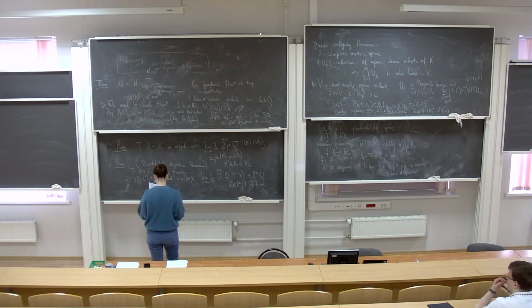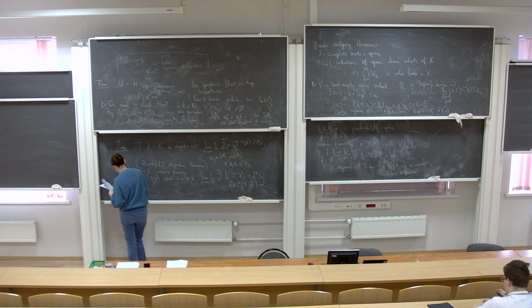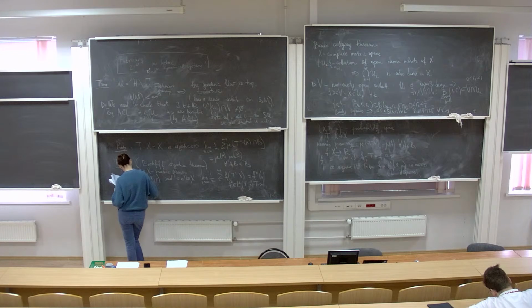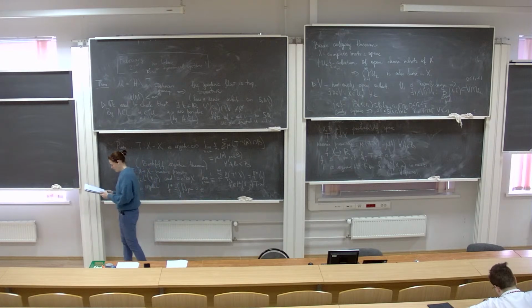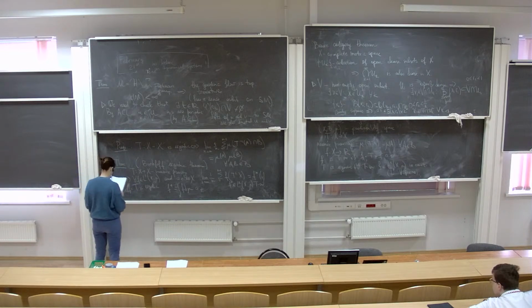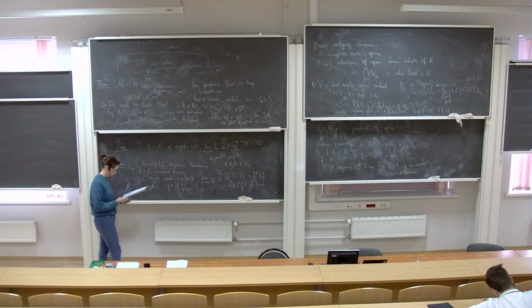If T is ergodic, then f star is the result of the integration of our f. So in the ergodic case, time averages converge to the space average.